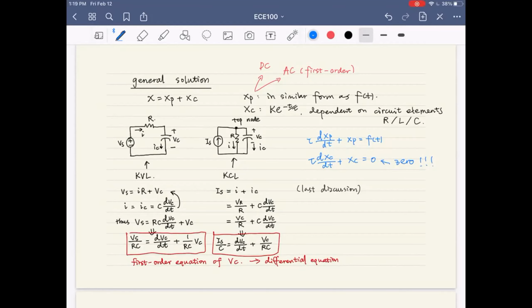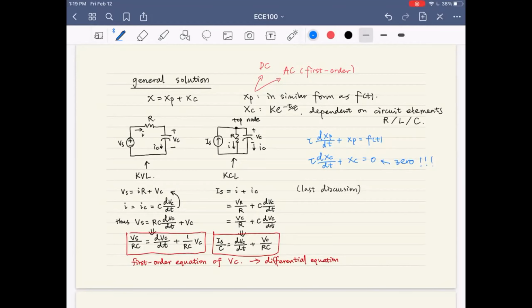But sometimes they may also ask you to extend it to the general form, the general solution, like they want to check whether you understand the differential equation or not. In this case, we have to solve it step by step, right? Because we need the general solution.